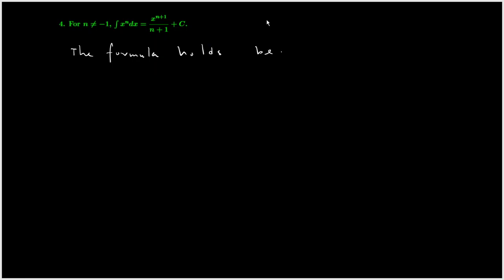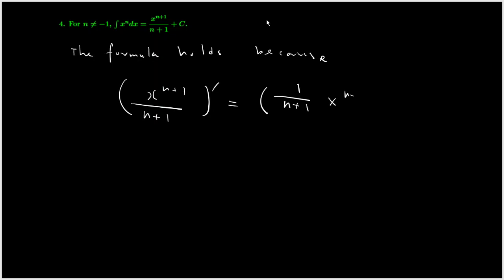So what do we want to show? We want to show the derivative of the function on the right hand side is equal to the integrand. Can I write the inside function in slightly different form? It's actually 1 over n plus 1, and then times x to the power of n plus 1. You take the derivative of that.